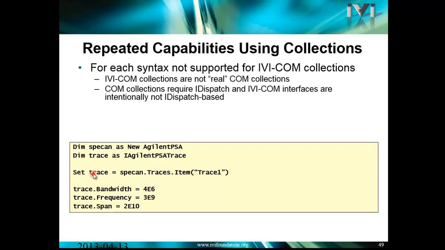So clearly, if I'm acquiring this as an object, I may not really want to have an object that represents trace 1 and 2, but it's within the capability of the API that you could. I wouldn't expect very many instruments to support something like that, but you can see how accessing the collection has made it easier to say, I just want to work conceptually with a specific trace and not with the whole driver or with a collection of them.